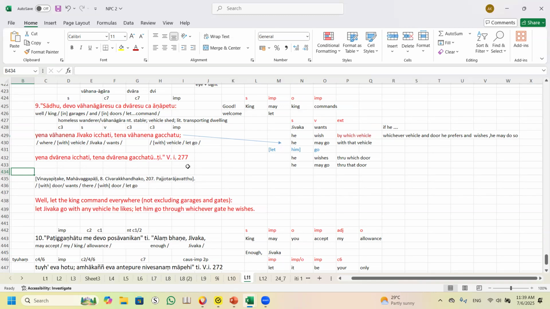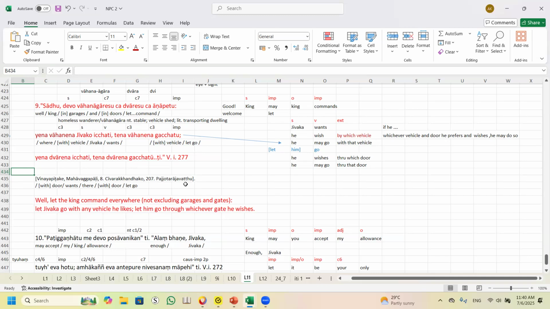Why talk about this door? You see, in the old Indian society, what they have is the wall of the city. Normally the wall of the city sometimes has north, south, east, west gates, that means you can access.